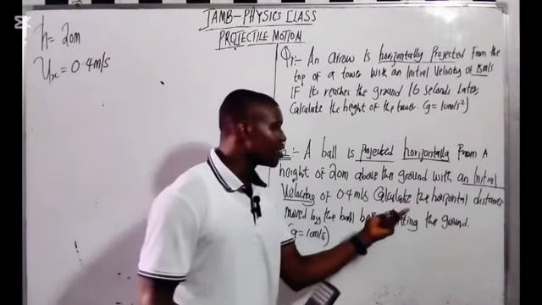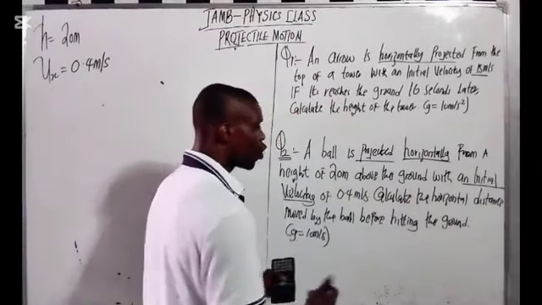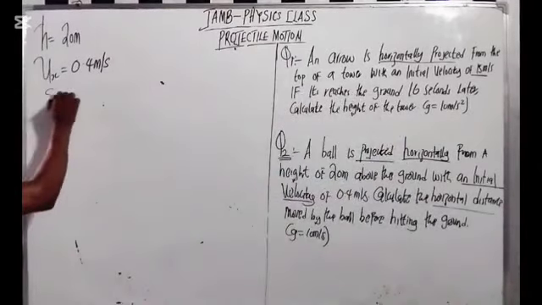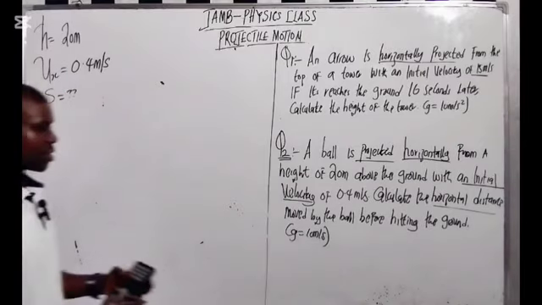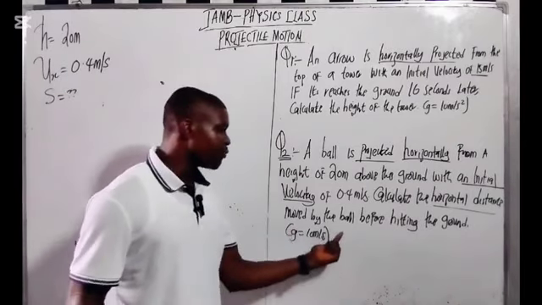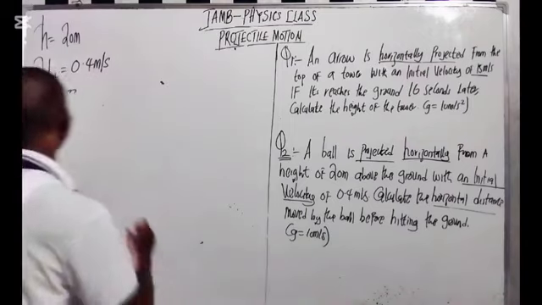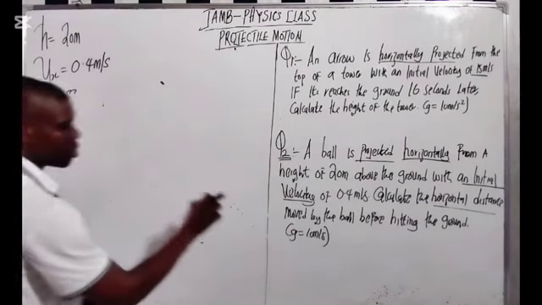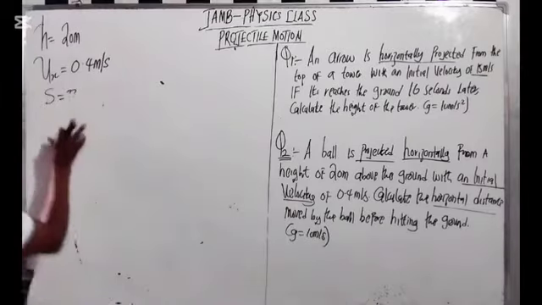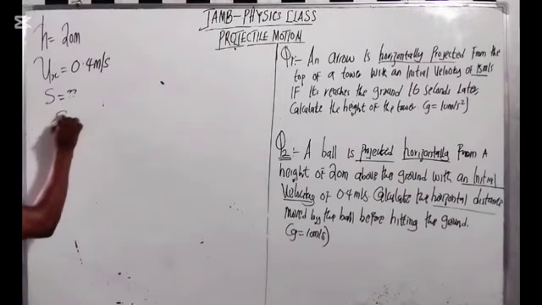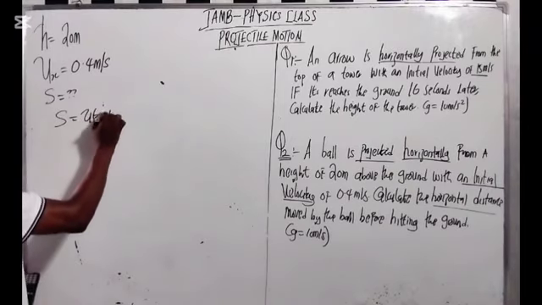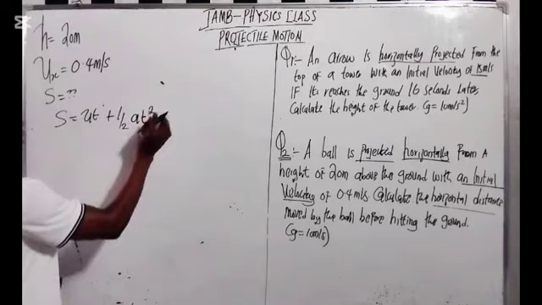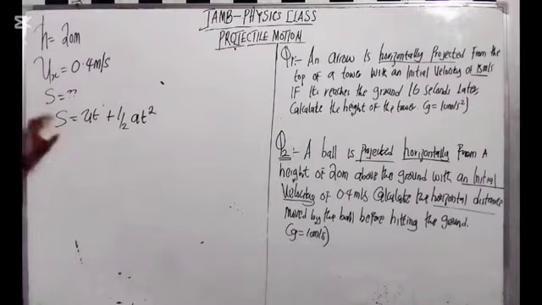Let's say calculate the horizontal distance. The horizontal distance is x, right? It's x moved by the ball before hitting the ground. So they say we should calculate the horizontal distance. And to calculate horizontal distance, here you have x equals ut plus half at squared.